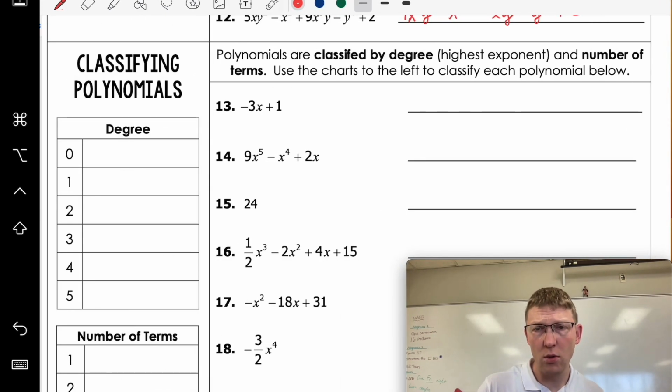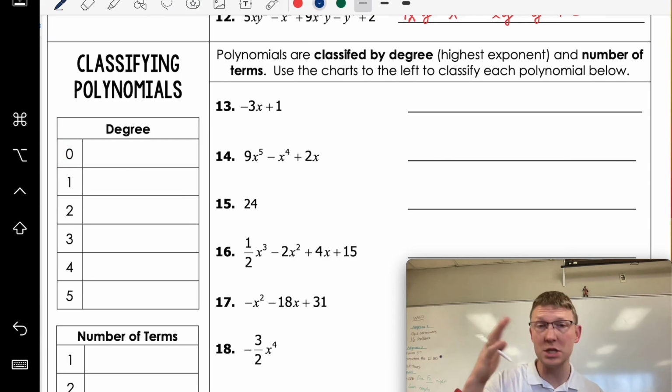So a couple more vocabulary words. This section is going to be heavy on the vocabulary words, but don't worry too much about them. I'm going to tell you specifically which ones you should care about. So classifying polynomials, when we look at the degree, that is the biggest exponent that they have.